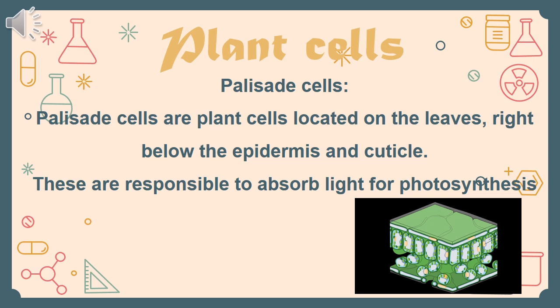Their cylindrical shape allows a large amount of light to be absorbed by the chloroplasts. These cells are positioned near the top surfaces of the leaves underneath the epidermis. In the leaves of plants, they convert light to chemical energy in the form of carbohydrates.